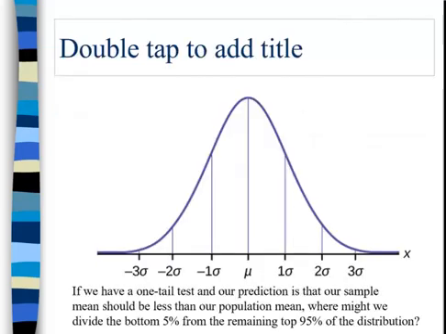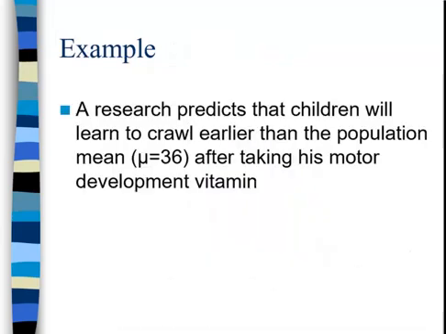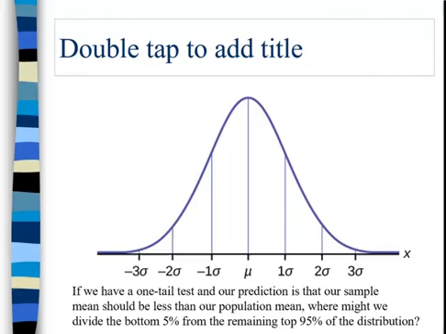So here's our distribution. If we have a one-tailed test, and our prediction is that our sample mean should be less than our population mean, which is what this alternative hypothesis represents, then where might we divide the bottom 5% from the remaining top 95% of the distribution?